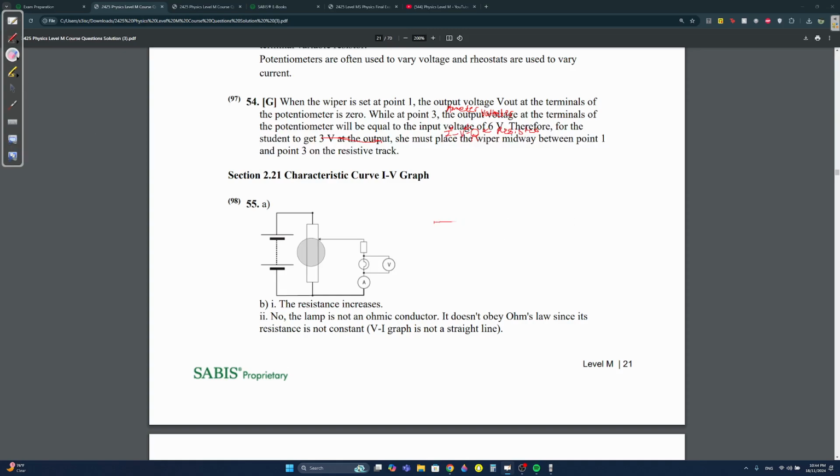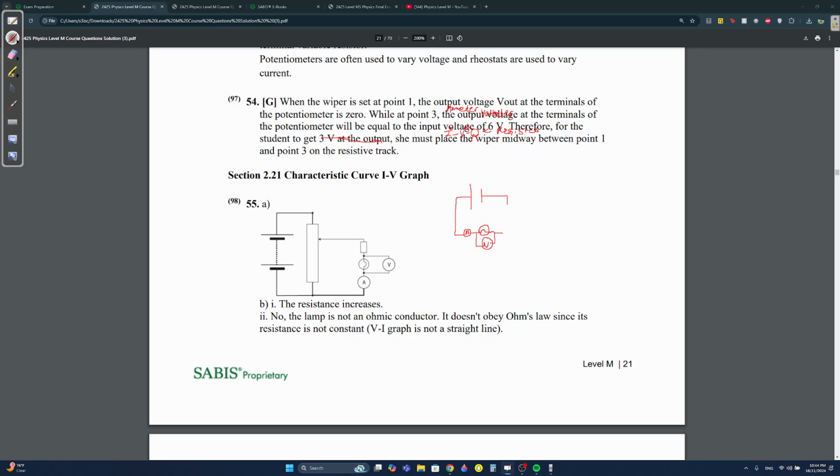Let me draw it one more time. This is the positive terminal, negative terminal. You go down, put your ammeter, then put your lamp, voltmeter.